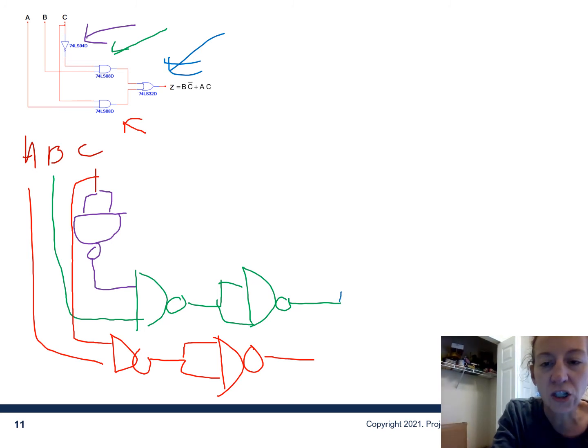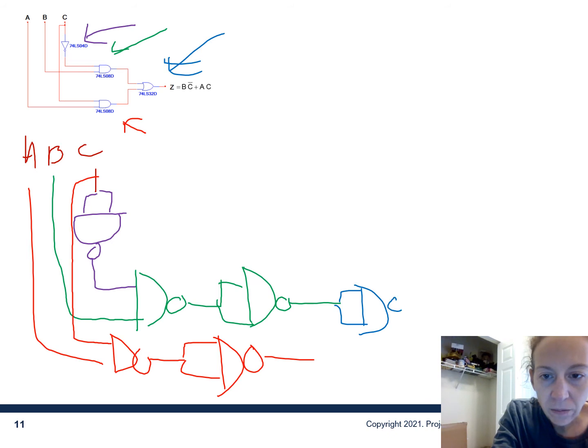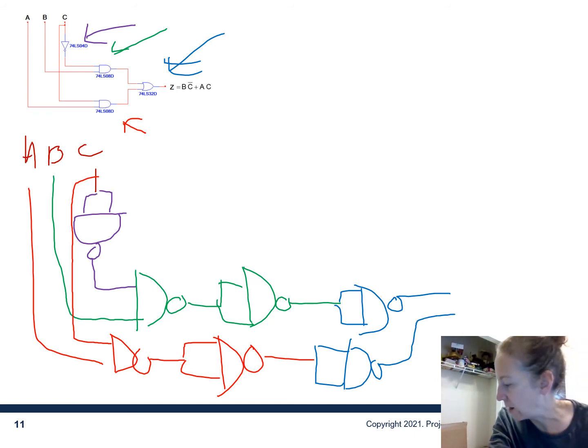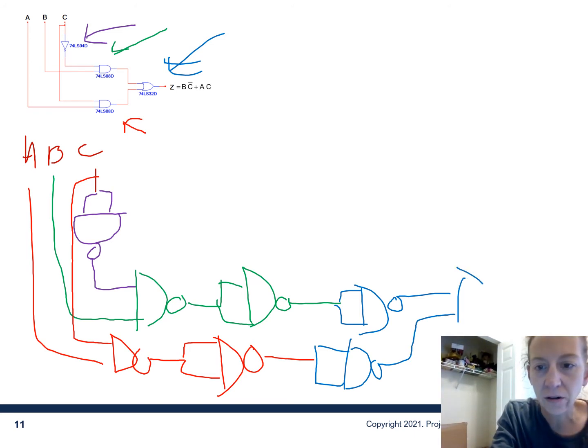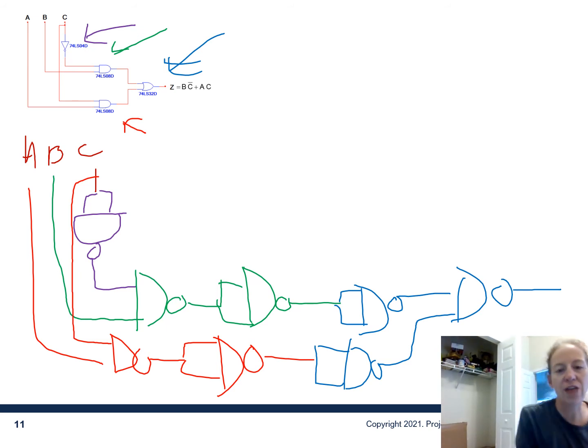Well, we're going to need to invert both, and then NAND them together. And that should work. So that's the same gate, but with a whole ton of NAND gates in it.